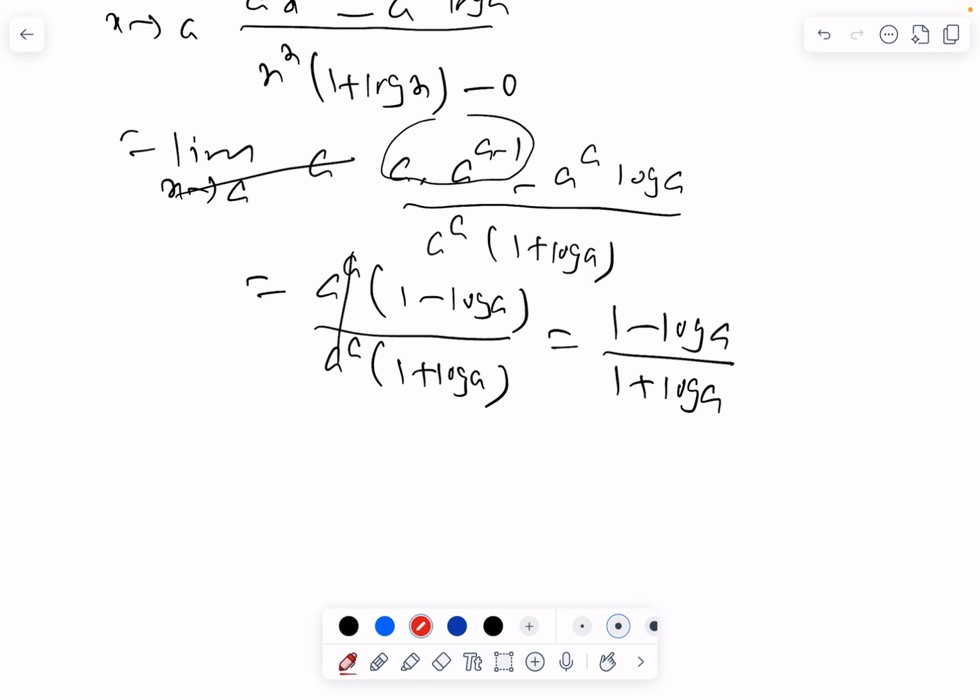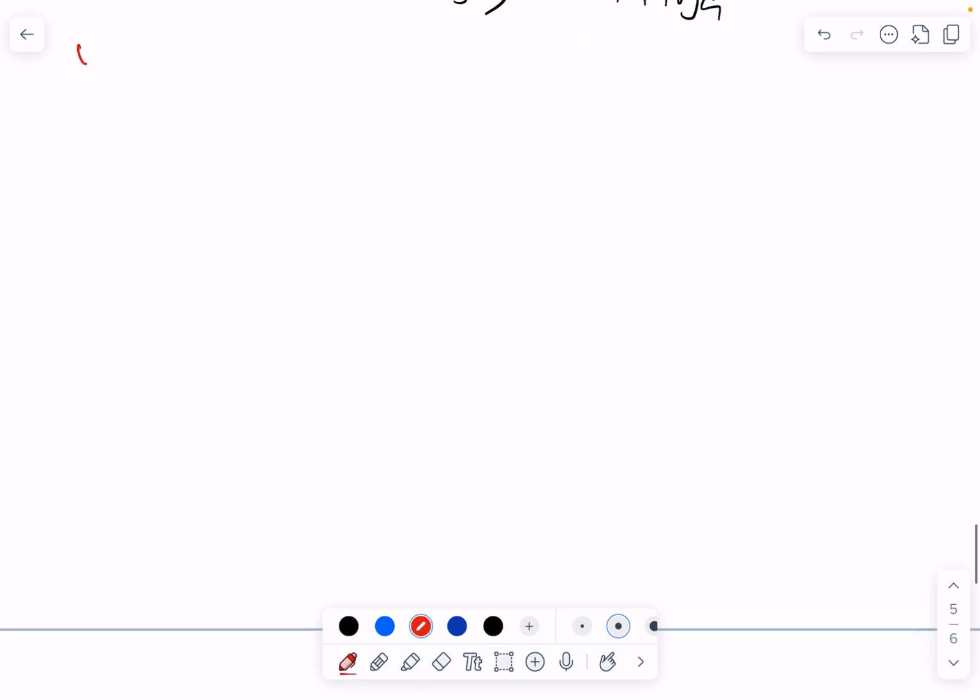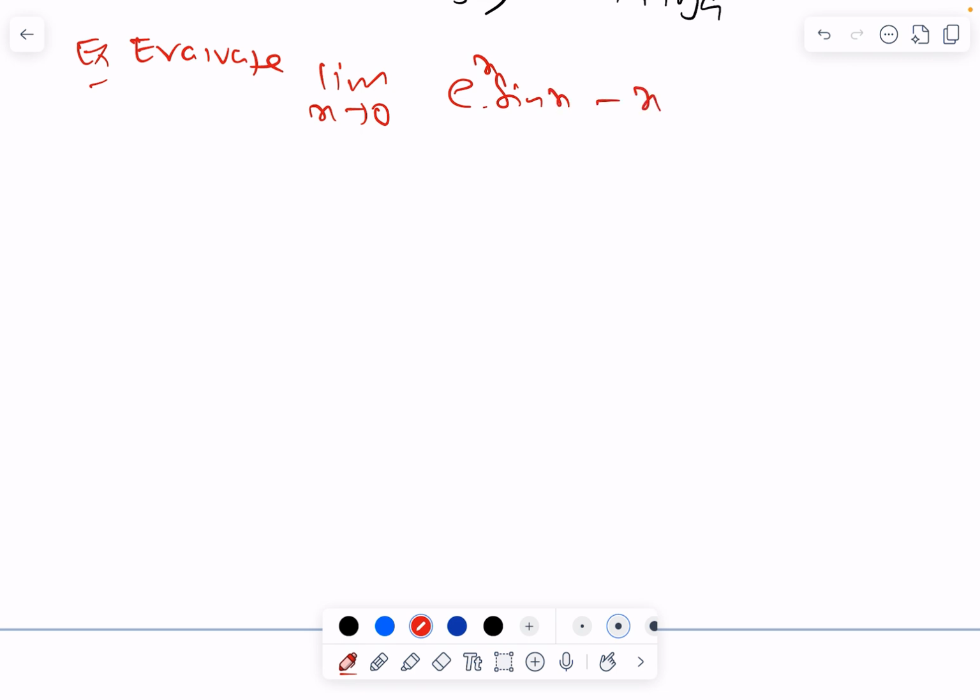Next, evaluate limit x tends to 0, e to the power x sin x minus x minus x square over x square plus x log of 1 minus x.